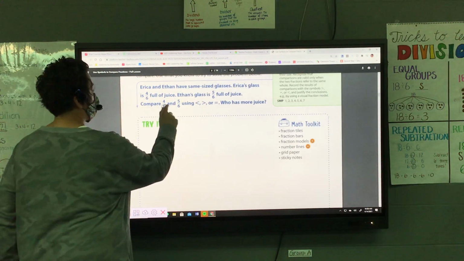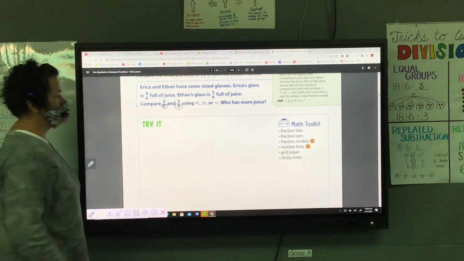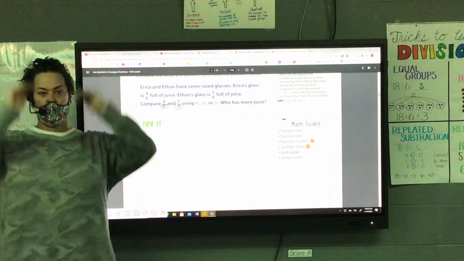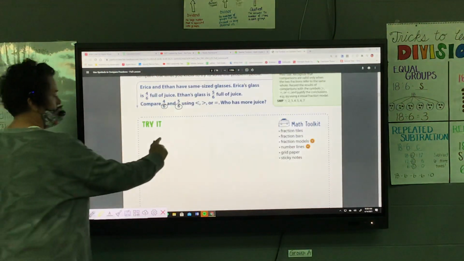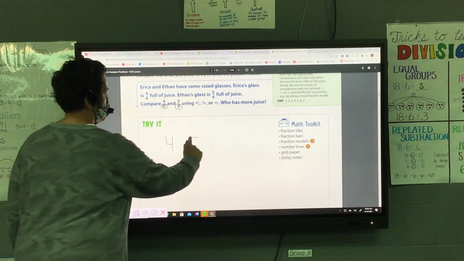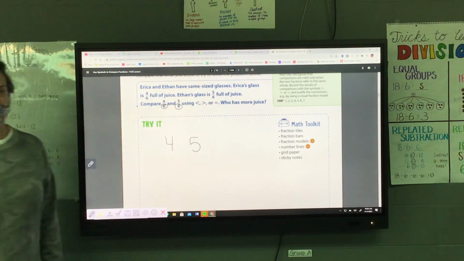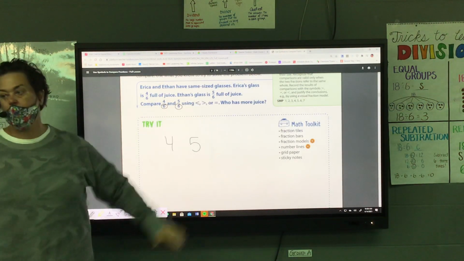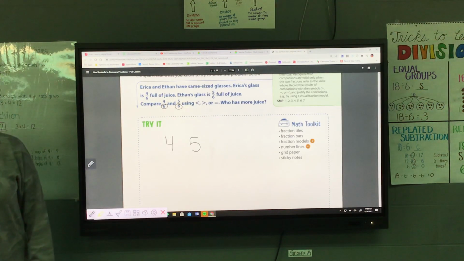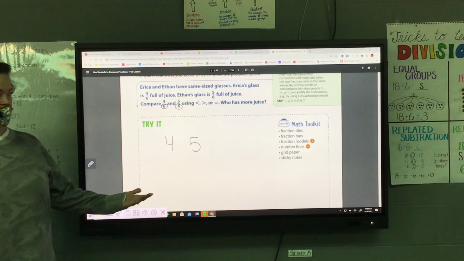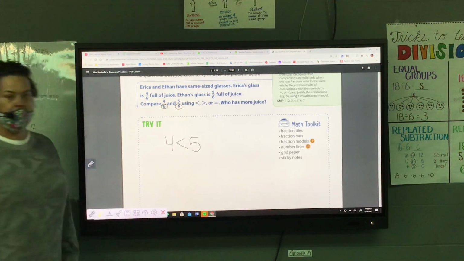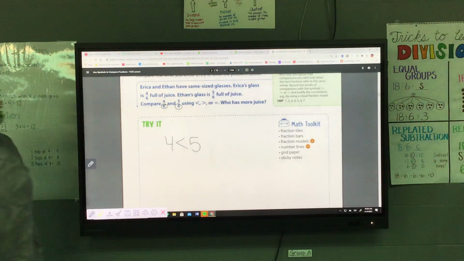So if the denominators are the same, all we have to look at is the numerator. So if you have 4 and 5, is 4 less than, greater than, or equal to 5? What is it? 4 is less than 5, right?